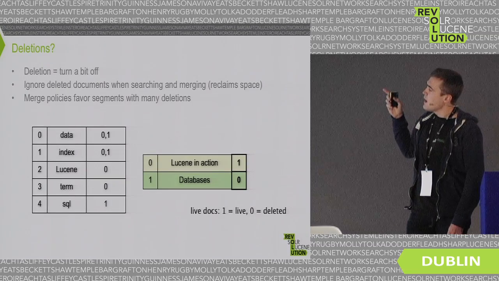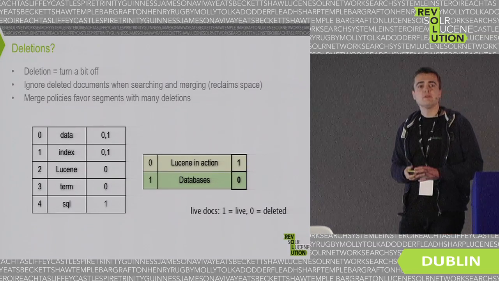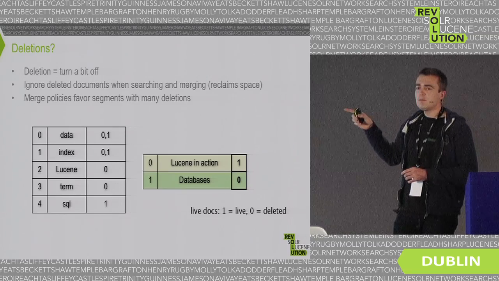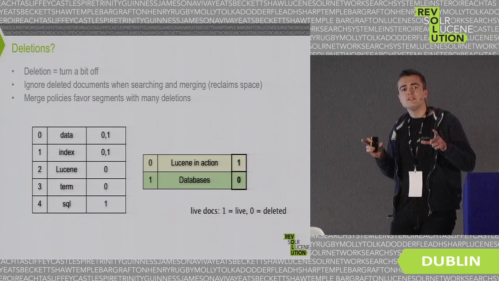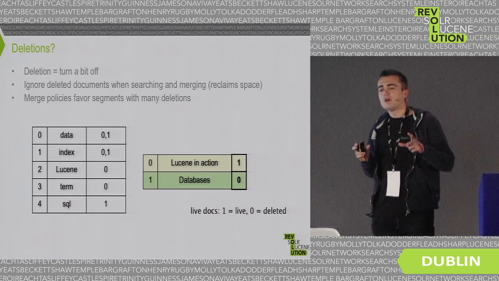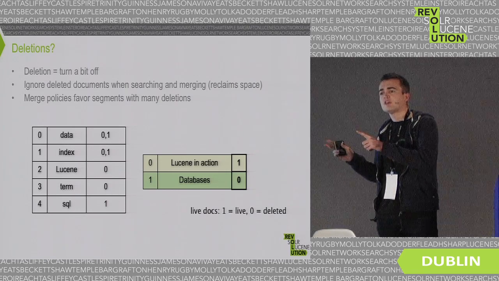By the way, the way space is reclaimed in Lucene is that when you run a merge on a segment which has deleted documents, they are not going to be part of the new segment.